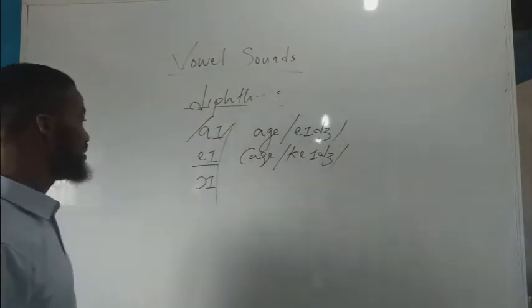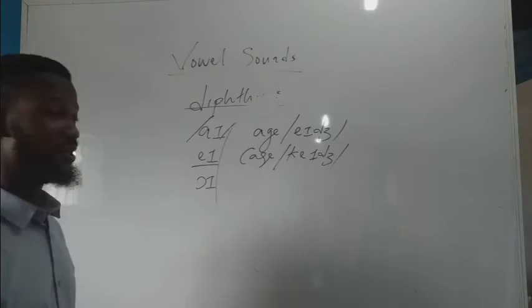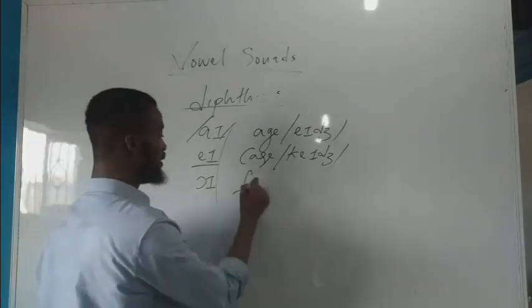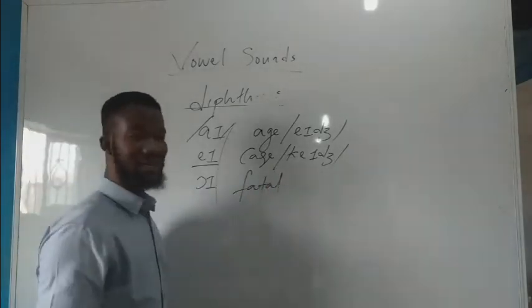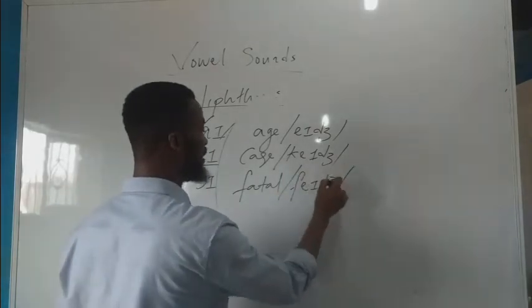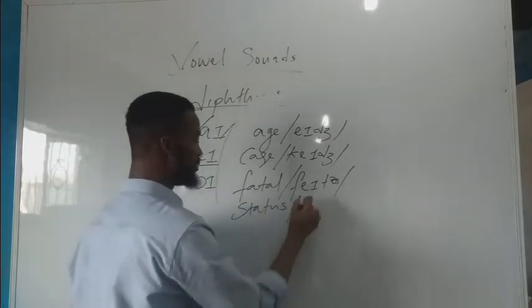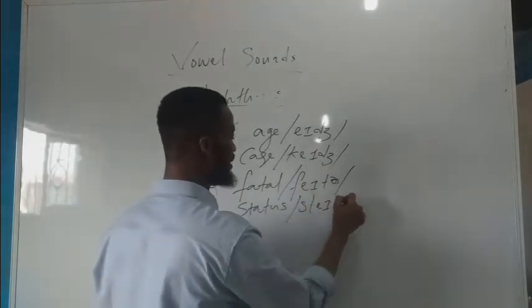But this is a little tricky because there are many words you would expect to pronounce one way but are pronounced with A. For example, FATAL is not fatal, it's called fatal. And STATUS is not status, it's called status.